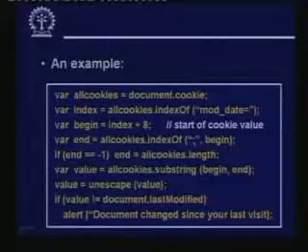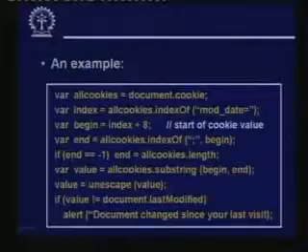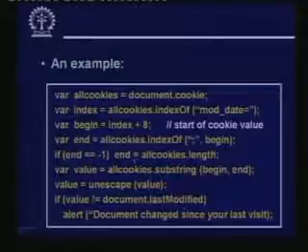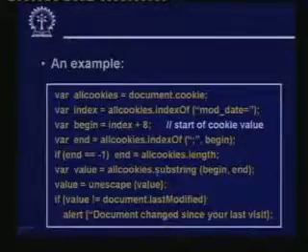However, if the cookie is the last cookie in the list, the semicolon will not be there. So, the second index of function would return a value of -1. If the value of end returned is -1, which means that this particular cookie is the last cookie, then you assign the length of the cookie to end, that means the last index, and the value of the cookie is returned by using the function substring from begin to end.